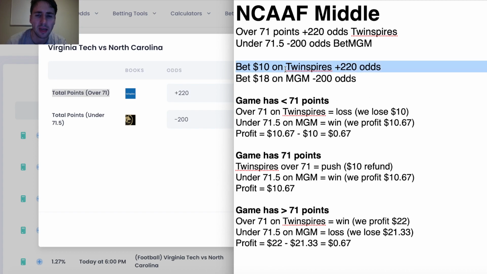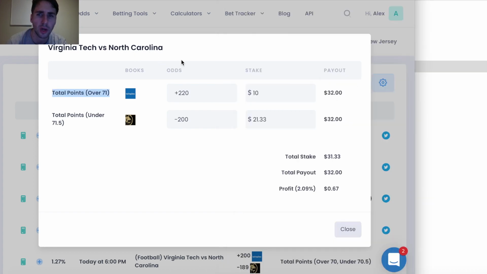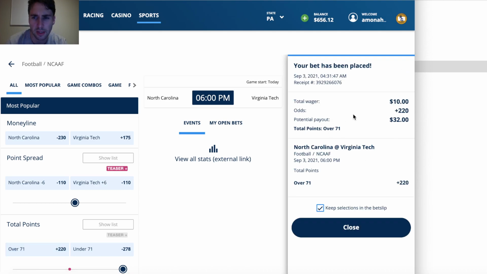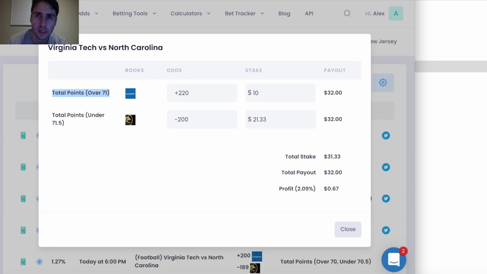We're going to bet $10 on Twinspires at plus 220 odds. So we'll go here, over 71 points, North Carolina versus Virginia Tech. We'll place $10 just as an example. So our bet is placed, $10 at plus 220 odds on over 71 points on Twinspires, right? You can scale this up.